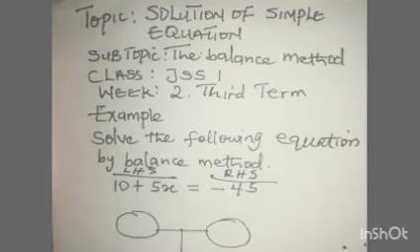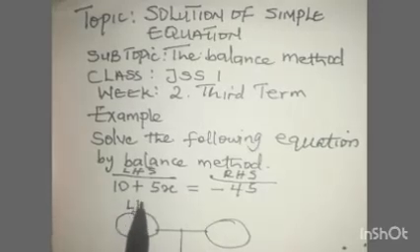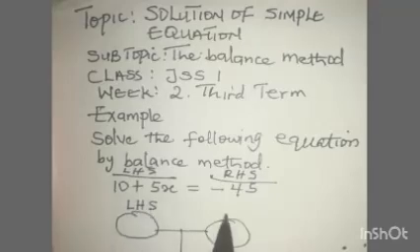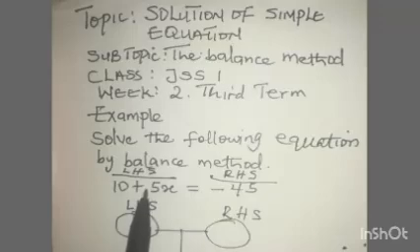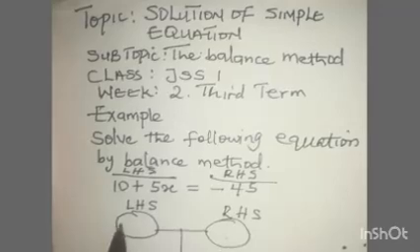The same way, in this balance, this side is called the what? The LHS. And this side is called the RHS. This means that everything in the LHS here, put all of them on this side of the balance, and everything here, put it here. Is that clear? So let's do that right away.